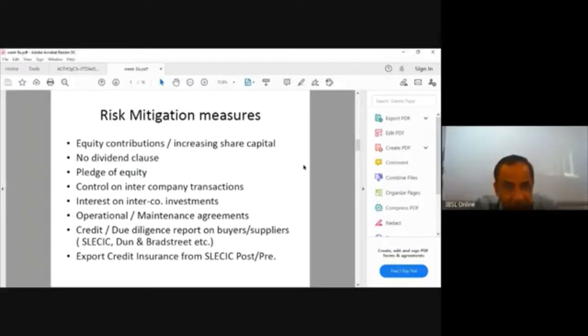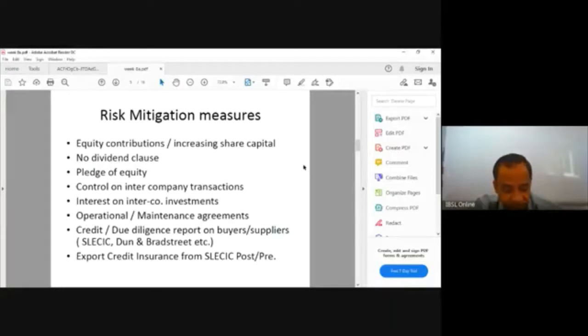So how in a lending proposal will you reduce the risk? This is very much part of your proposal. When you're doing the proposal, you look at all these things. Like I told you, the most important thing is that you should be able to identify all the risks. Then you should be able to treat the risk the way you can.